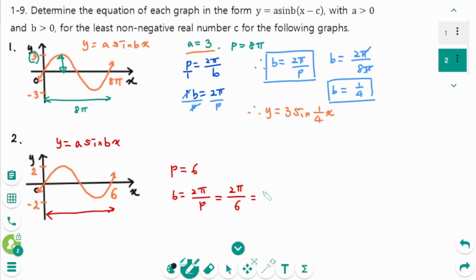The final answer is pi over 6. Then b equals pi over 6. And amplitude is 2, so a equals 2. So the final answer is y equals 2 sine, b is pi over 6, then x.